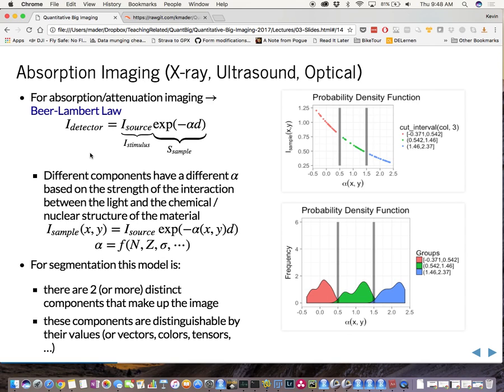So with an image like this, you're probing the interaction between the light and the chemical or nuclear structure of the material, depending on the wavelength. Your image of the sample is equal to the source times this alpha coefficient as a function of x and y, and you can then derive what that alpha should be based on the chemical makeup of your sample.